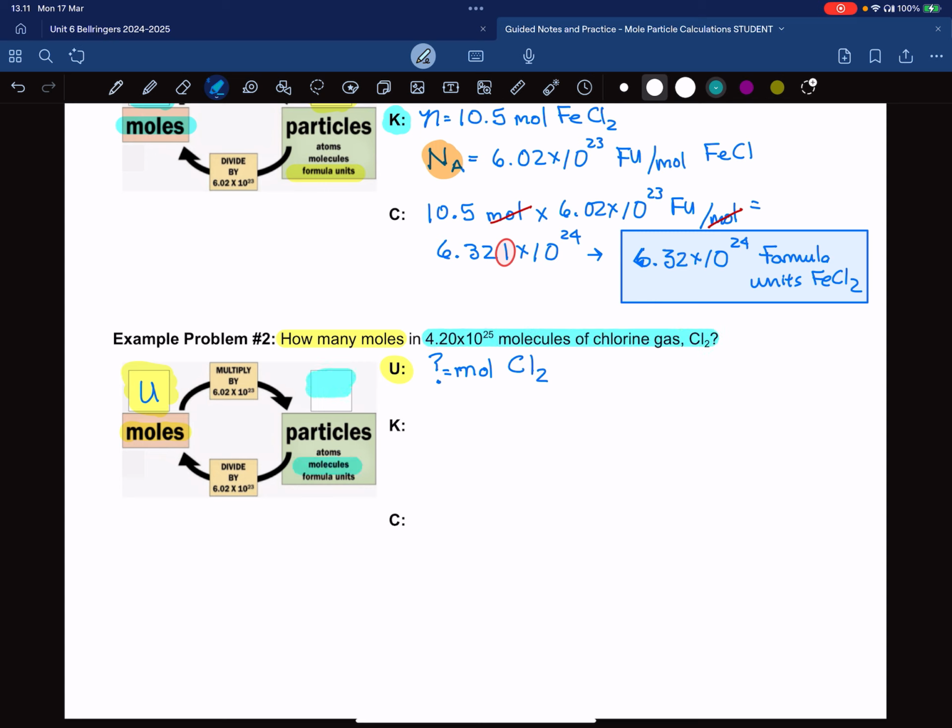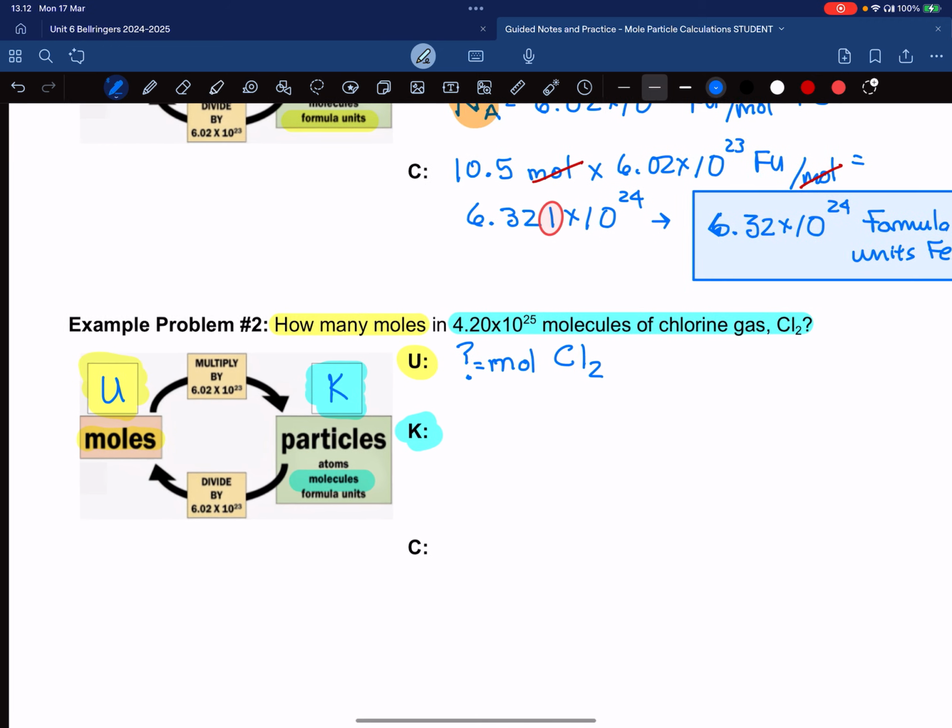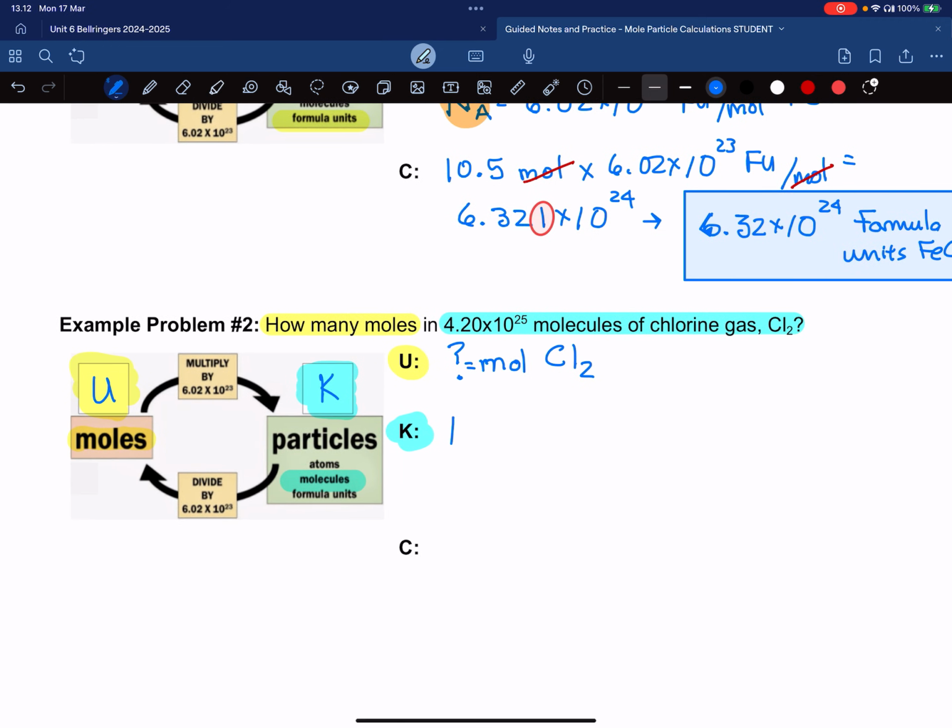That's molecules, so that means that is my known. So I just use a capital N when we're talking about number of particles. 4.20 times 10 to the 25th molecules of chlorine gas.